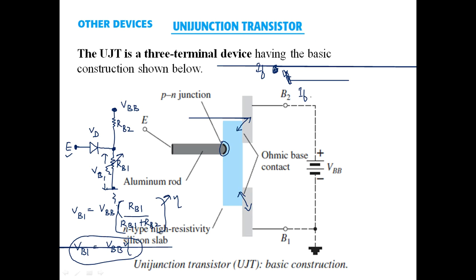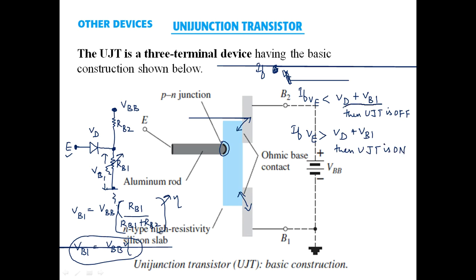If VE is lesser than the drop across the diode plus VB1, then the UJT is off. If VE is greater than VD plus VB1, then the UJT is on.